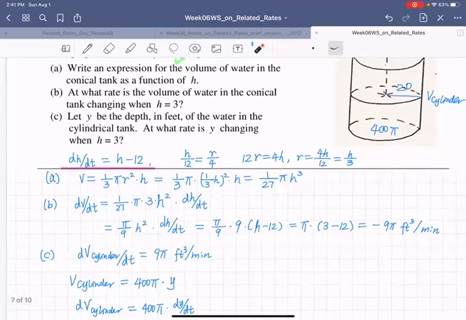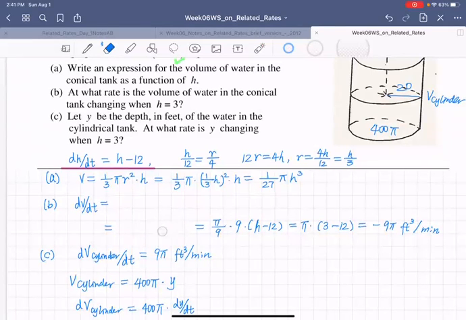Now we are going to use the relative rates, our old friend, okay? Now let's go ahead. 1/27 pi times 3 h squared times dh over dt.